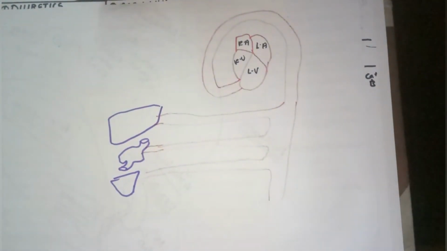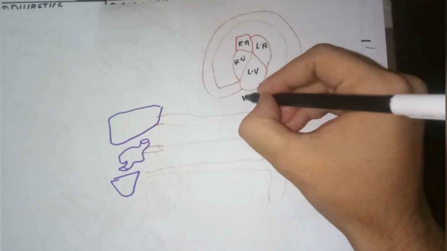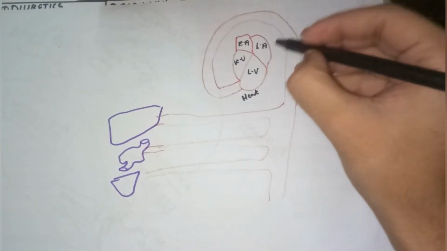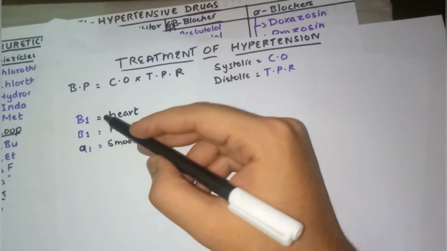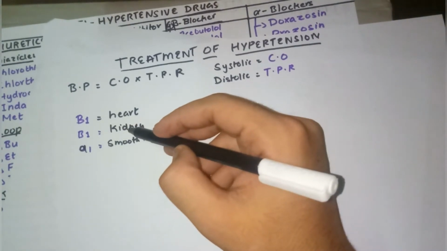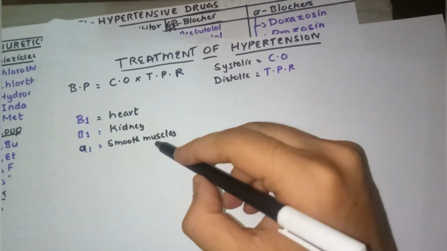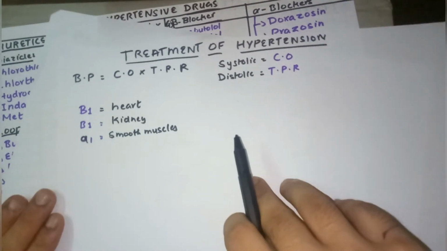So guys, what usually happens, for example, this is our heart. What receptors are present on the heart? As I have told you already, beta 1 is present on the heart, beta 1 is also present on the kidney, and alpha 1 is present on the smooth muscle of the arteries.